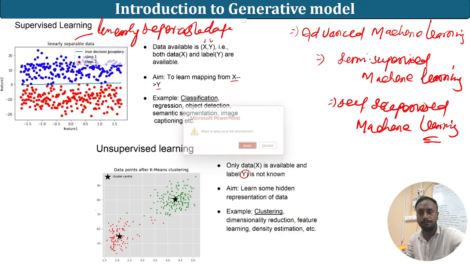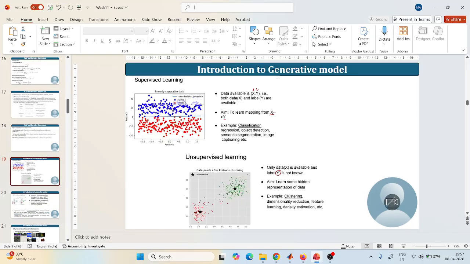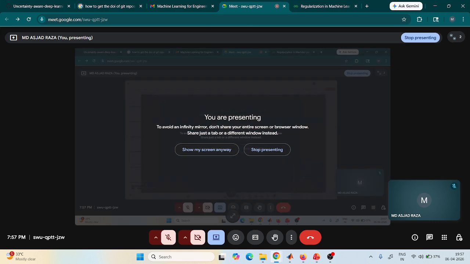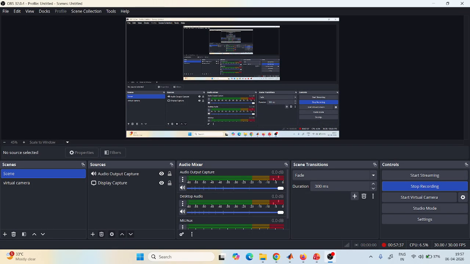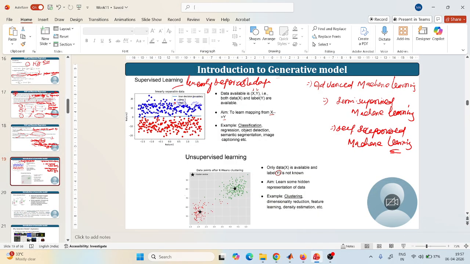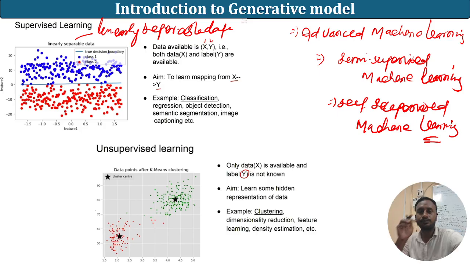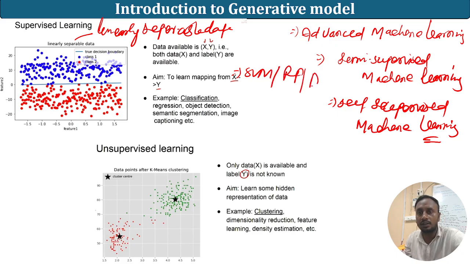Since the data is already labeled, we can create the plane, and the models for that are SVM, random forest, decision tree, or ANN.